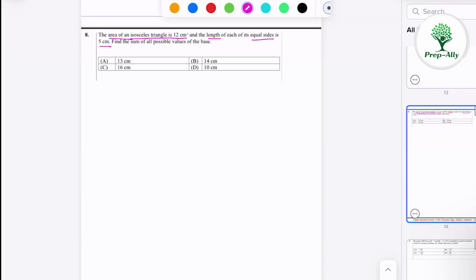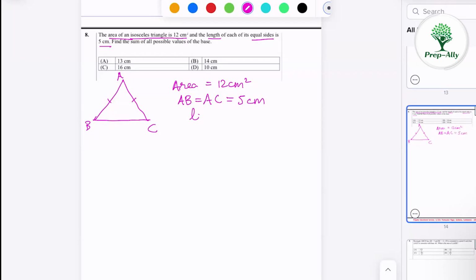Now let's draw this triangle ABC where the area equals 12 centimeter square and AB equal to AC, which is equal to 5 centimeter. So let the base BC equal to some B and the height, let's say AO, equal to some H.